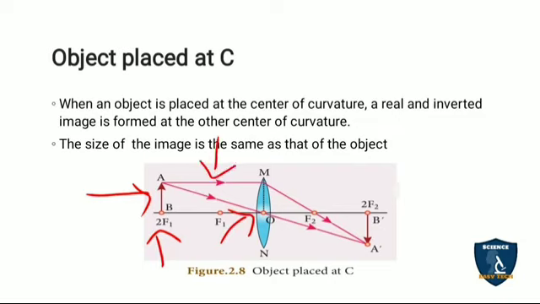Here AB is the object, placed at 2F1. Next, after the refraction, the image is formed at A dash, 2F2, a real image, but inverted.